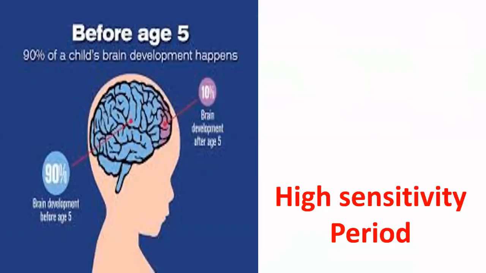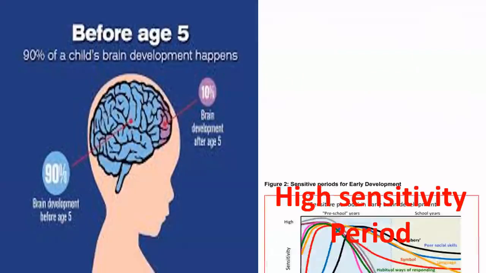So from that perspective, we say that 90% of the child's brain has developed, and another 10% brain development happens post the age of 5 years. That's the reason this 0 to 5 years is known as the high sensitivity period.